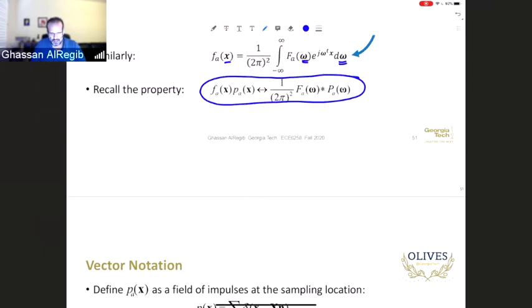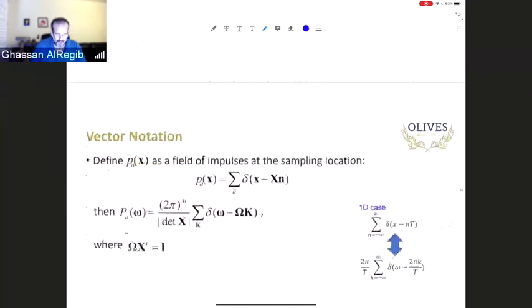Now you are doing a product between your analog signal and this field of impulses, or unit samples as we call them, which are governed by the lattice that you are applying. So this product in the spatial domain is nothing but what? A convolution in the frequency domain.